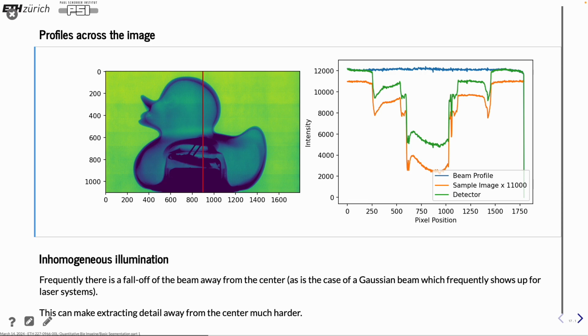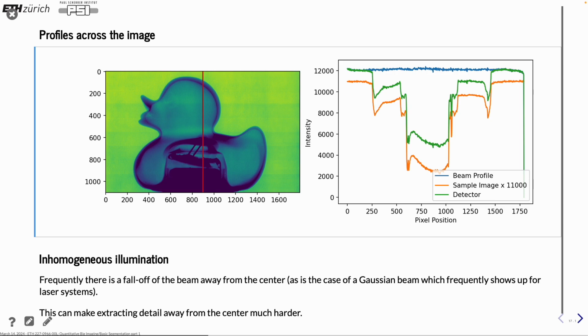Look at the profile across these images. We have first the beam profile, which is pretty flat. In this case, sometimes it can be really quite intensity focused towards the center. That depends on how the source is configured. Then we have the detector image, what the detector sees. And we also have the sample image, and in this case, the sample image I multiplied by quite a large factor because it was normalized in this case.